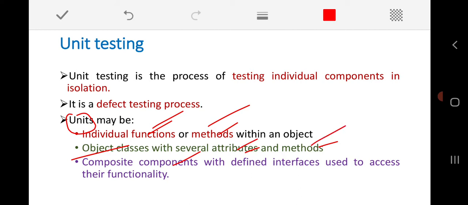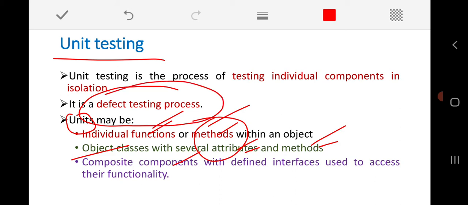The implementation of that operation, we can call a method. So there are a variety of different units in our development on which we can perform testing, which we call unit testing.